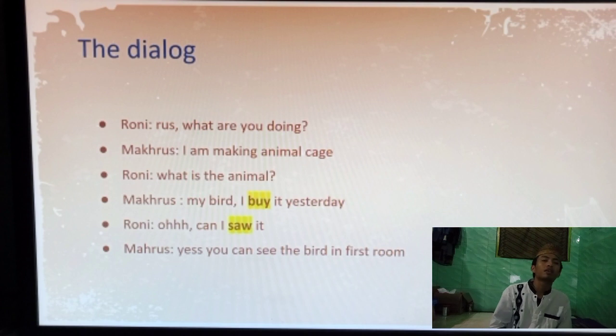And Ronnie, oh, can I saw it? Ronnie has to use see, because this is present time. So for now, instead of can I saw, it should be can I see it. Yes, these are the errors of interlanguage.